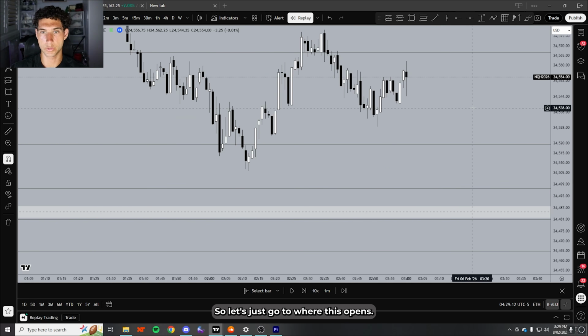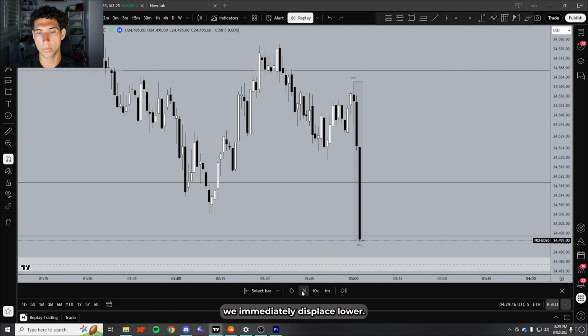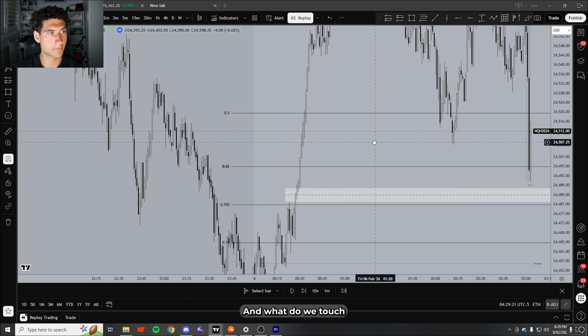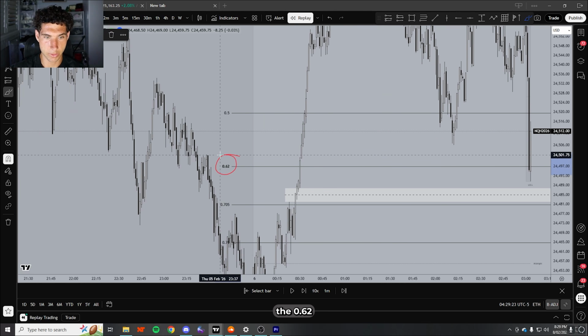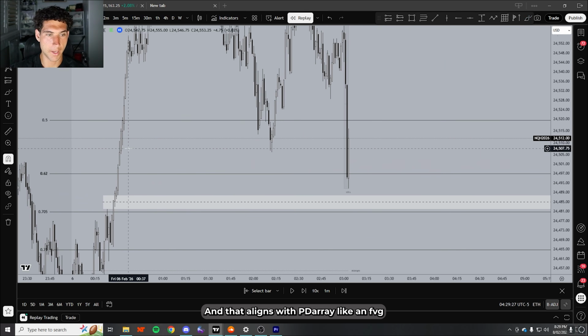So let's just go to where this opens, and you can see we immediately displace lower. And what do we touch? The 0.62 or optimal trade entry level. And that aligns with a PD array like an FVG.